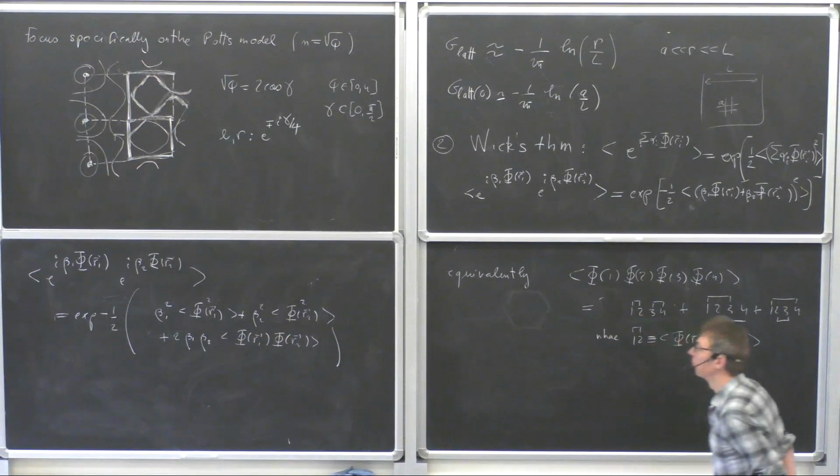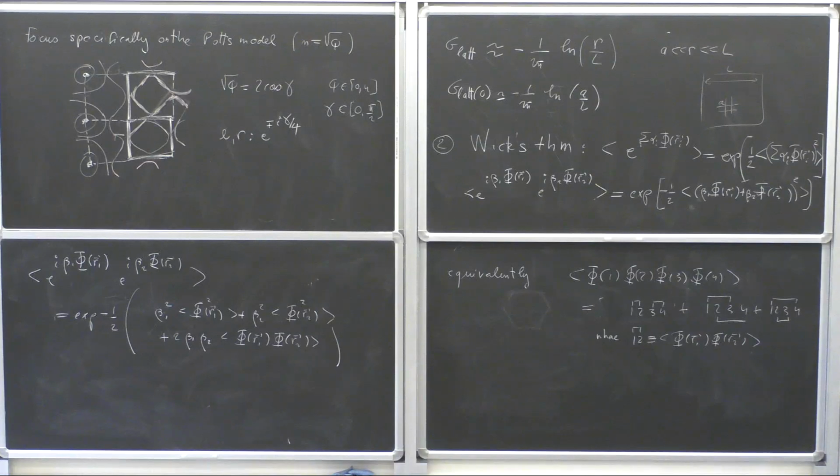Okay? Well, let's now replace, so remember G was the 2-point function of phi regularized on the lattice.